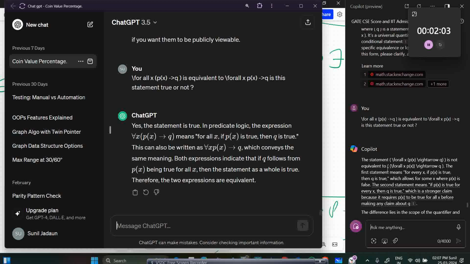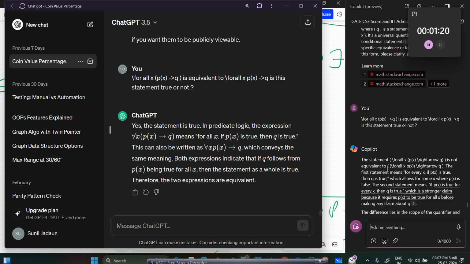The second statement is a stronger claim. So this says for all x, if P(x) is true, then Q is also true.